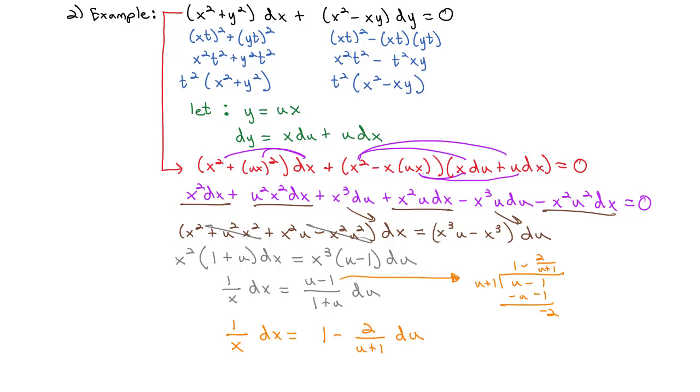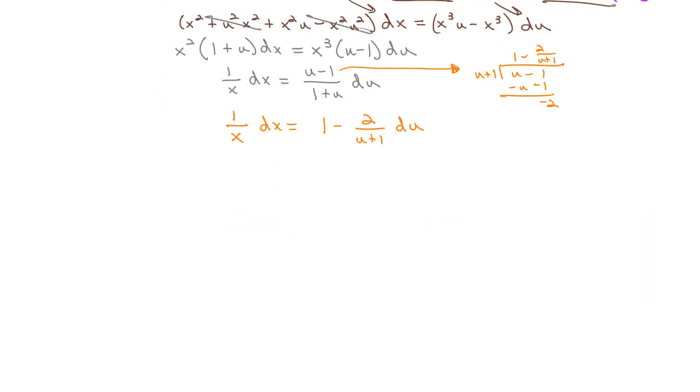All right, let's scroll down again and integrate both sides to get the natural log of x is equal to u minus 2 natural log of u plus 1 plus our constant. And we're almost there.